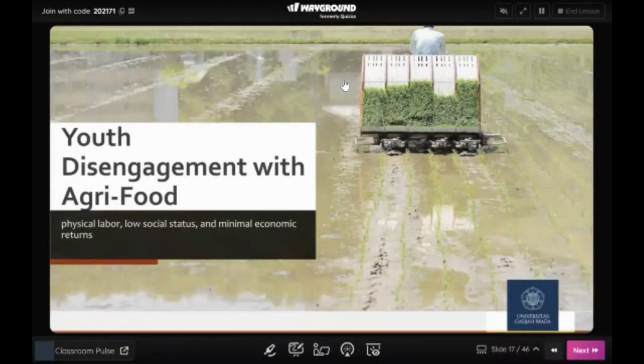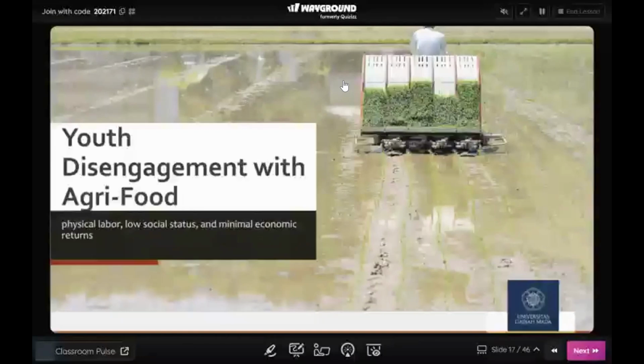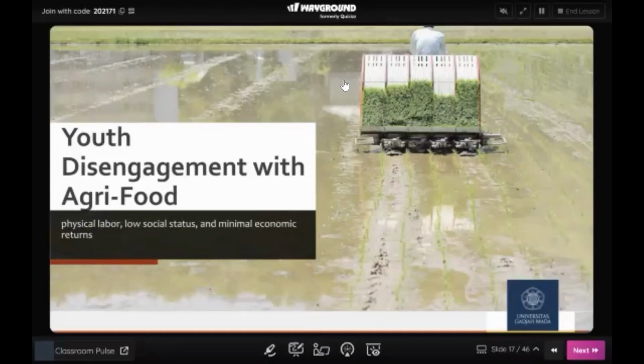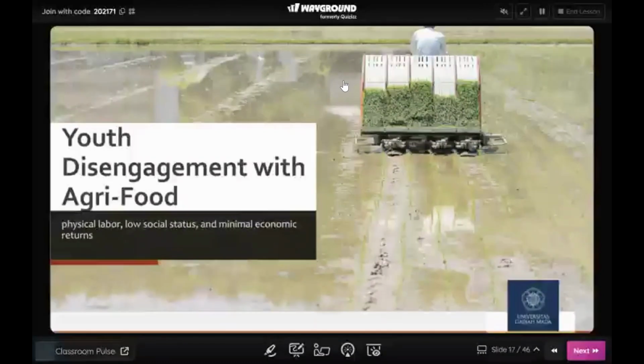Just imagine that. In my first question in the session, I asked what happens if nobody wants to become a farmer, and your answer was that food costs will rise. But this is happening.